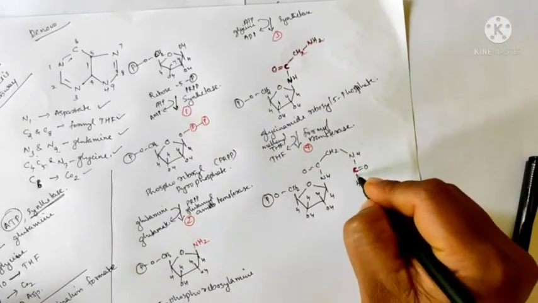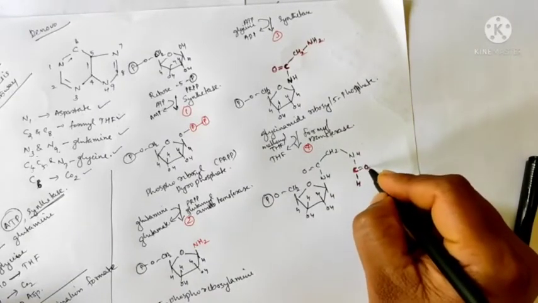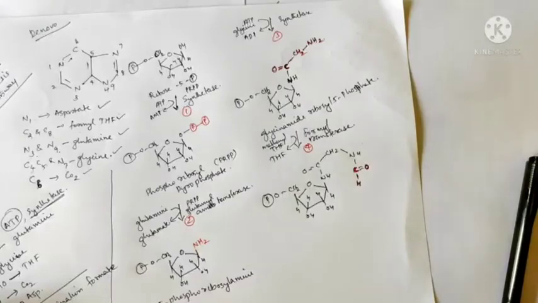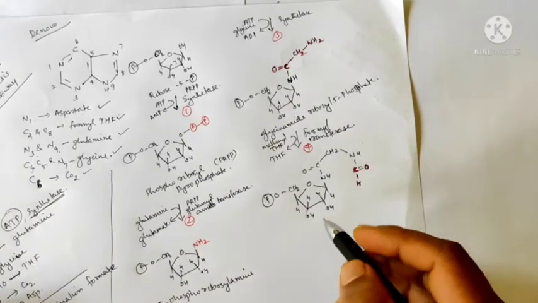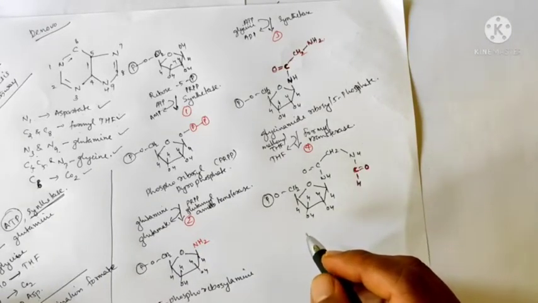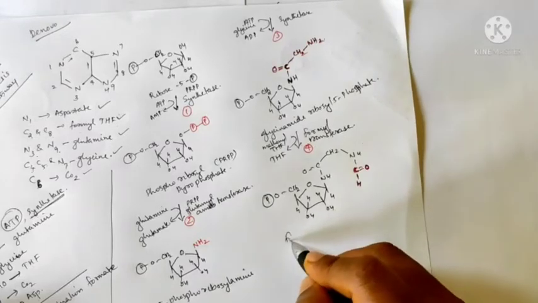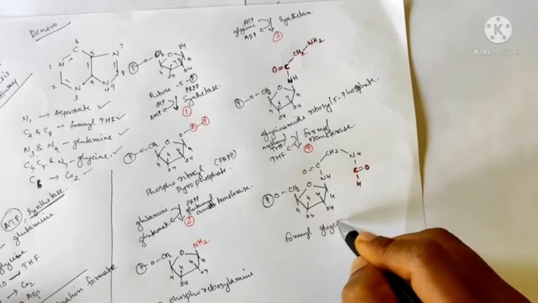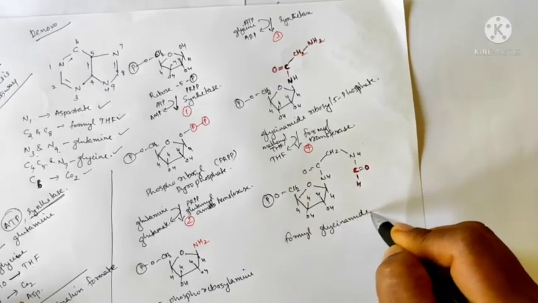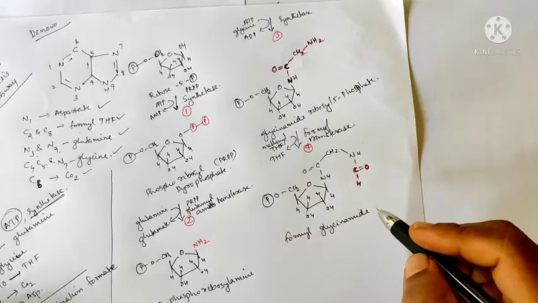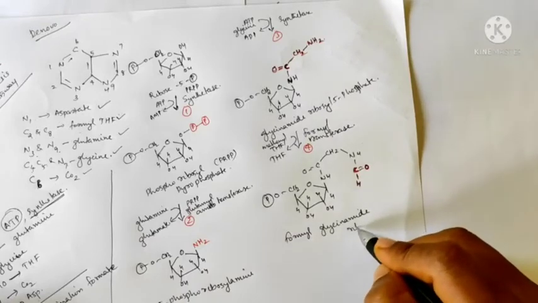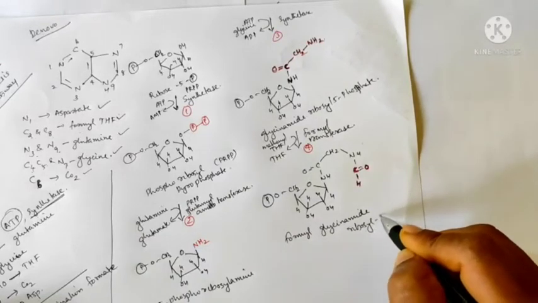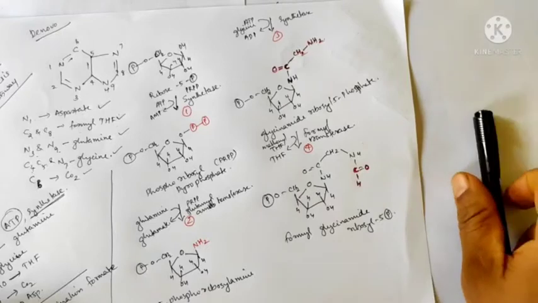A formyl group is attached to glycinamide ribosyl 5-phosphate. So it becomes formyl glycinamide ribosyl 5-phosphate. Okay.